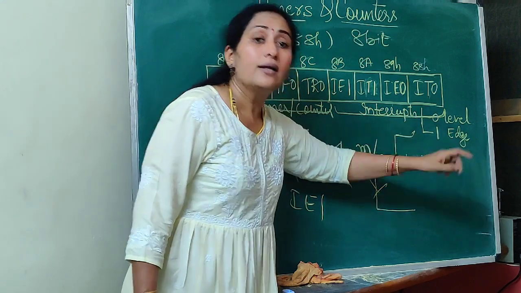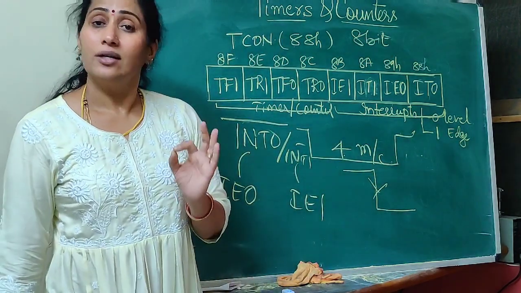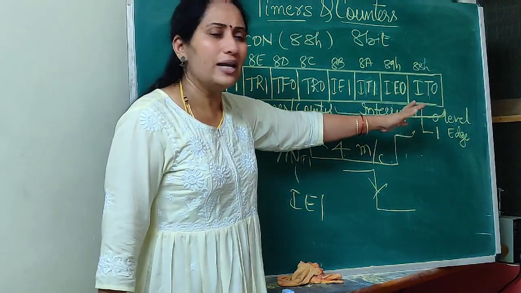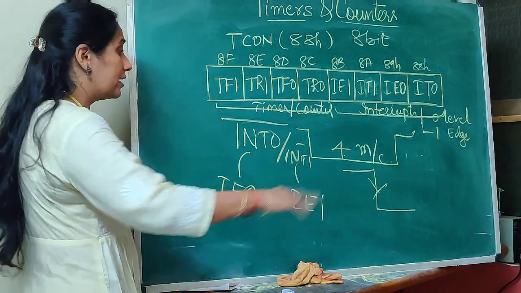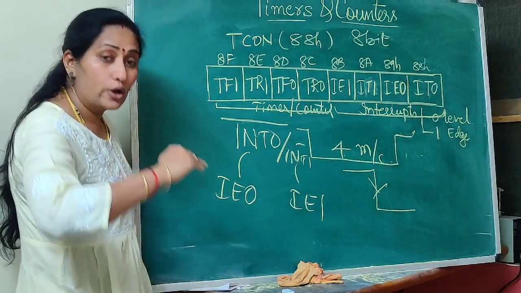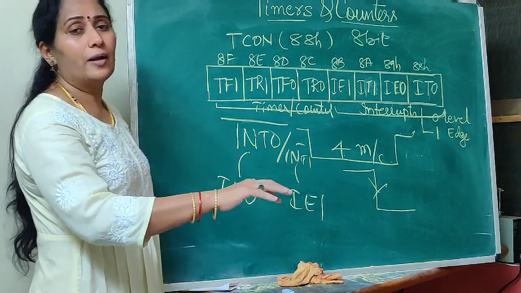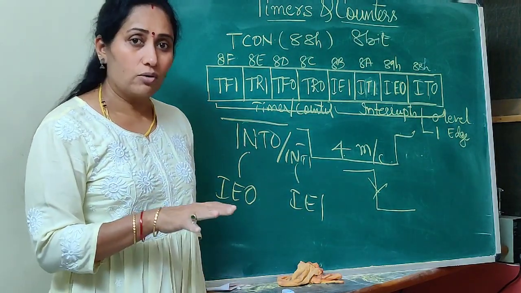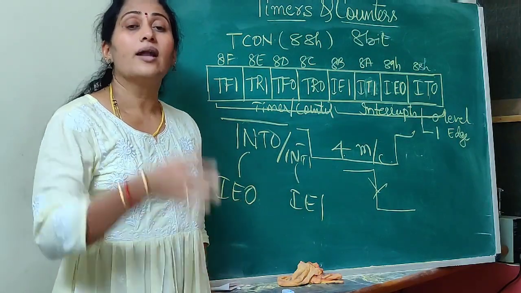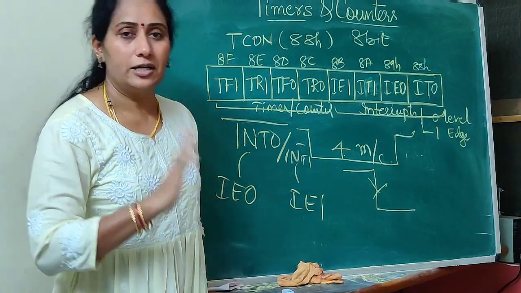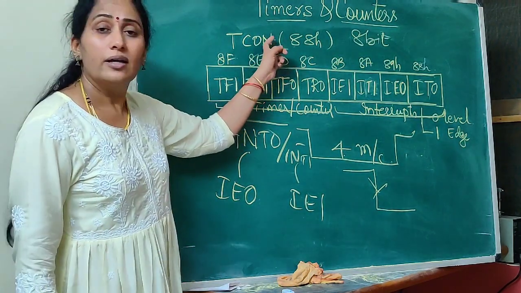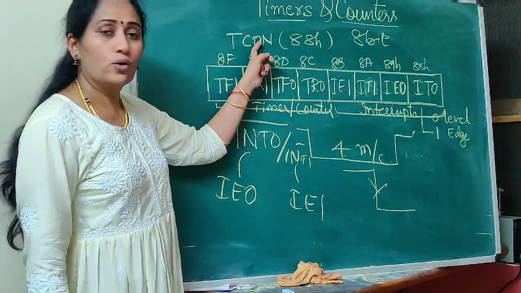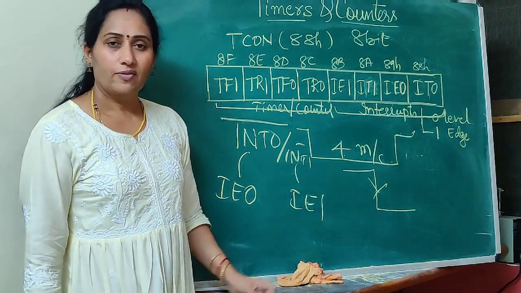If it is 1 then it is going to be edge triggered. ನಾ ಏನೂ ಸೆಲೆಕ್ಟ್ ಮಾಡಲಿಲ್ಲ ಅಂತಂದ್ರೆ ಬೈ ಡಿಫಾಲ್ಟ್ ಅದೇನಿರ್ತದೆ ಲೆವೆಲ್ ಟ್ರಿಗರ್ಡ್ ಇರ್ತದೆ. ಅದಕ್ಕೆ ನಾವು ಹೇಳ್ಬೇಕಾದ್ರೆ ಏನಂತೀವಿ, 4 ಮಷಿನ್ ಸೈಕಲ್ಸ್ ತನಕ ಲೋ ಇತ್ತು ಅಂತಂದ್ರೆ ಮಾತ್ರ ಇಂಟರಪ್ಟ್ ವಿಲ್ ಬಿ ಐಡೆಂಟಿಫೈಡ್ ಬೈ ದ ಮೈಕ್ರೋ ಕಂಟ್ರೋಲರ್ ಇಫ್ ಮೈಕ್ರೋ ಕಂಟ್ರೋಲರ್ ಹ್ಯಾಸ್ ಎನೇಬಲ್ಡ್ ದ ಇಂಟರಪ್ಟ್ಸ್. Okay, so this is going to be the TCON register, timer control register.